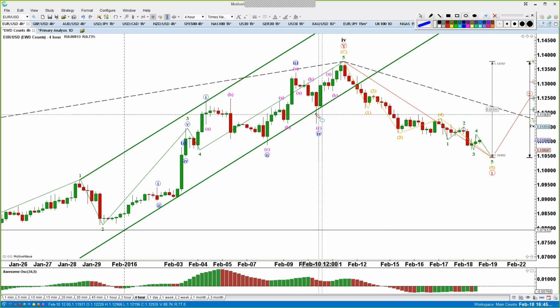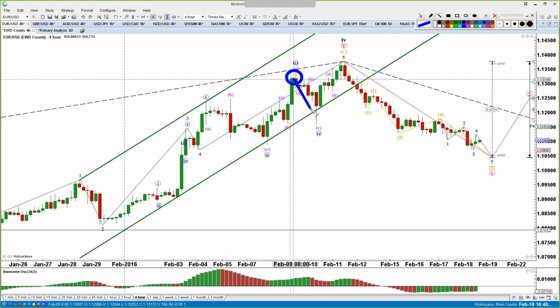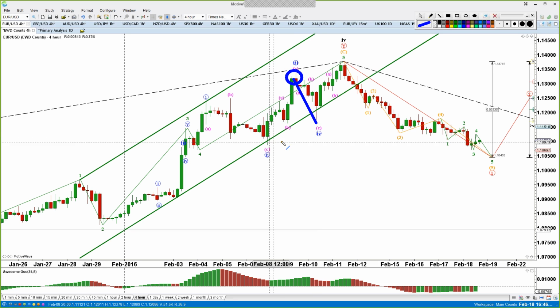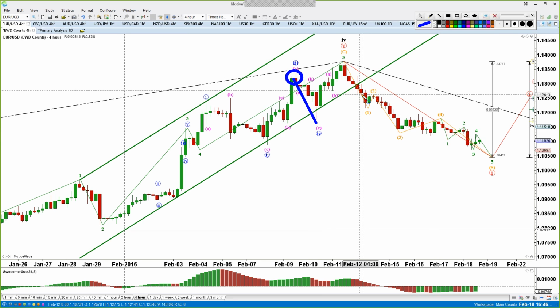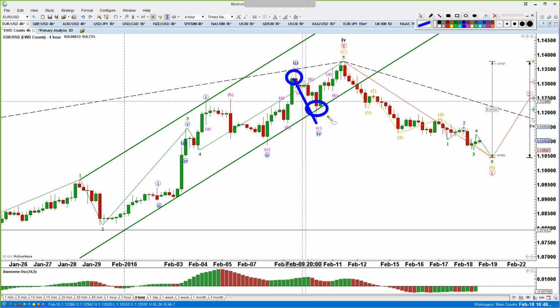Okay, so you can see here the price hits the Gartley, the level, and this price action right here, these candles are the ones that are represented by a doji on the daily chart.